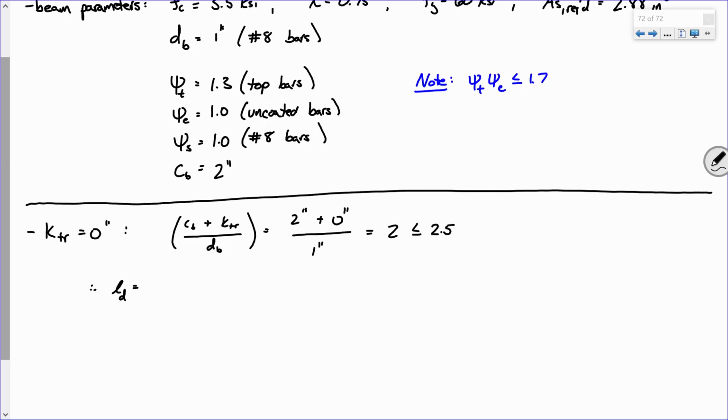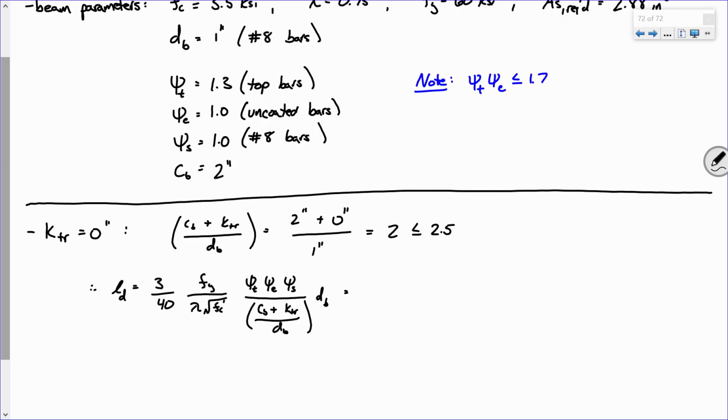our LD is going to be, let's see, we've got 3 over 40. We've got Fy over lambda square root of Fc prime, and then psi t, psi e, psi s over that ratio. Then dB.